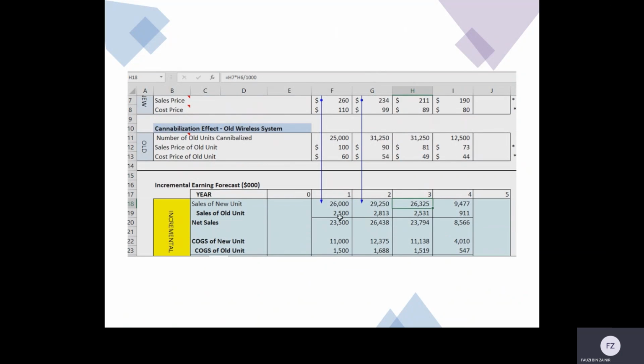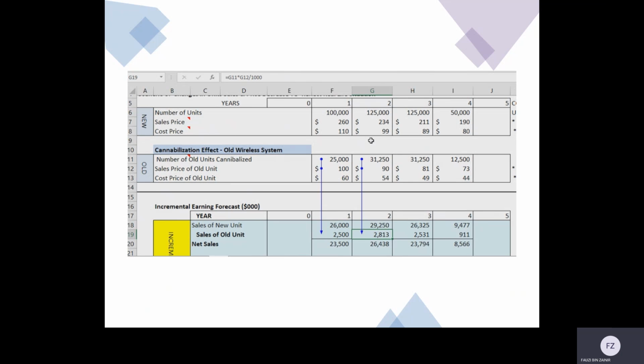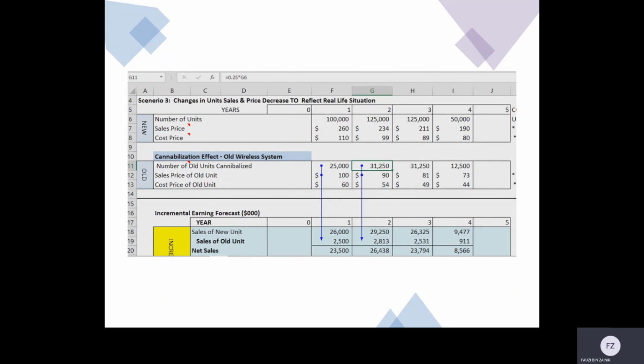We can see the effect for the old units at the same time. The old units are basically 25,000 times $100, so you get around 2.5 million for year 2. You can see the effect here because this depends on the previous one, which is basically 25% times 125,000.